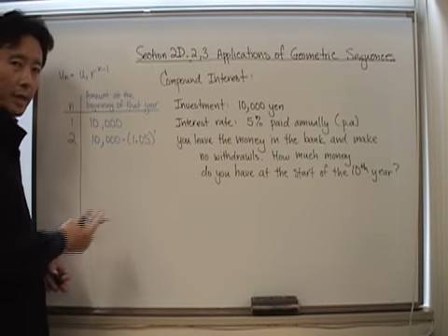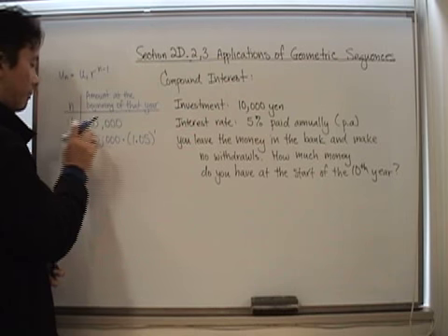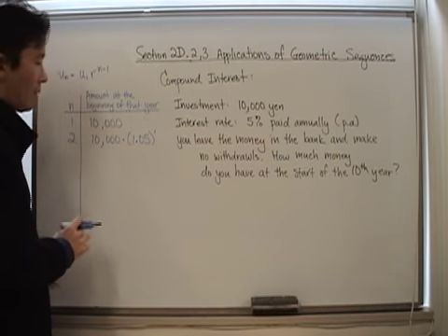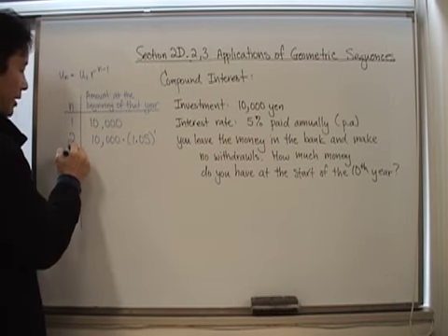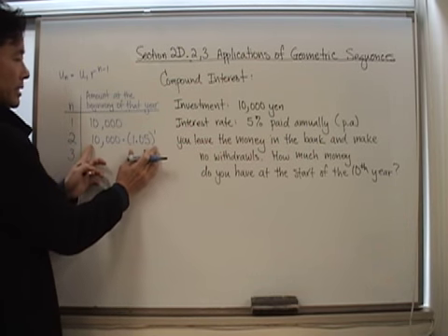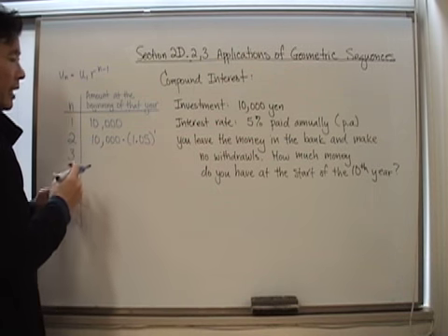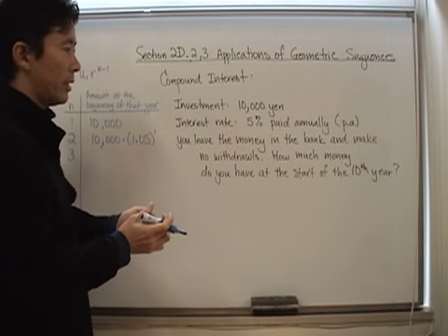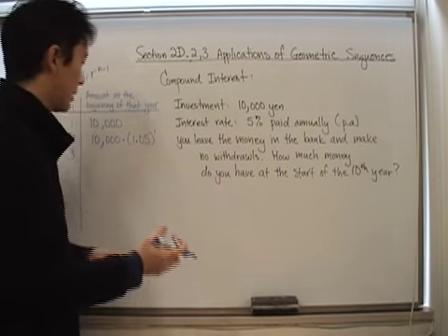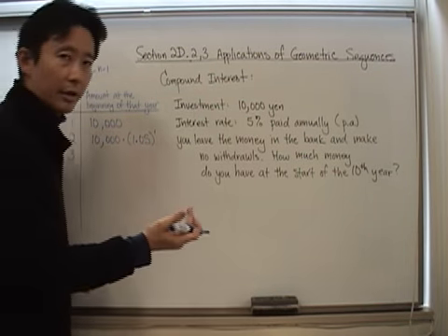And there you go. That's how much money I'm actually going to have in my account at the beginning of the second year. Let's see what happens at the third year. At the beginning of the third year, I take what I have here and apply the same idea, and the bank is again going to give me 105% of whatever I had in the bank account at the start of the second year.